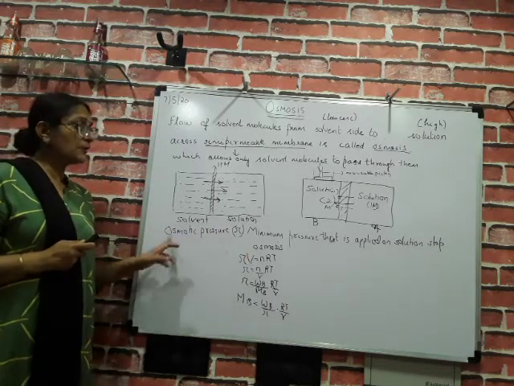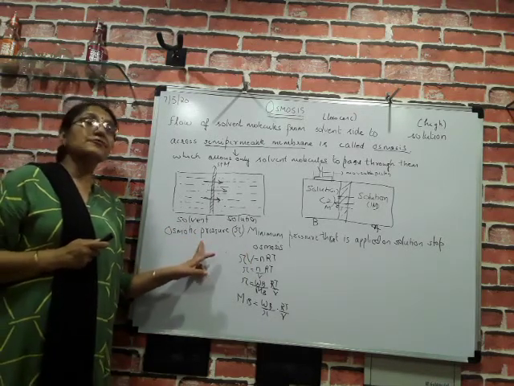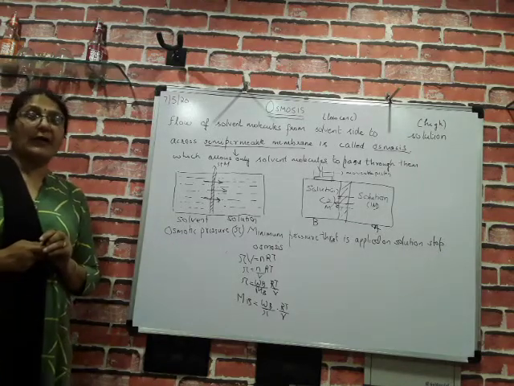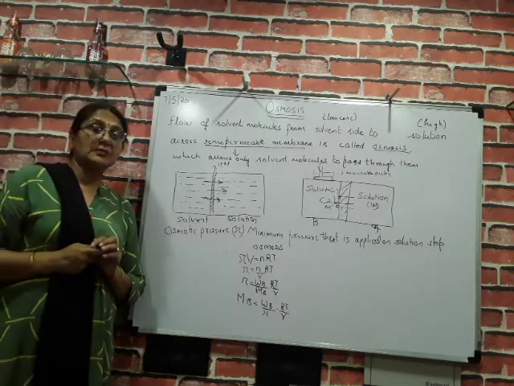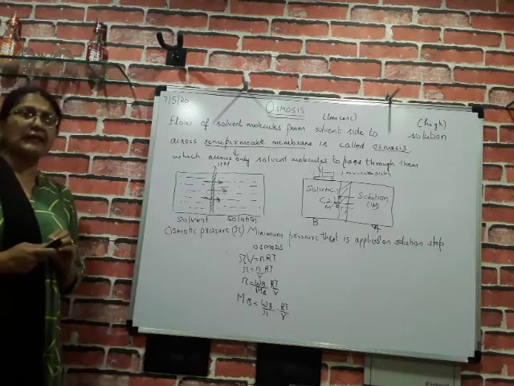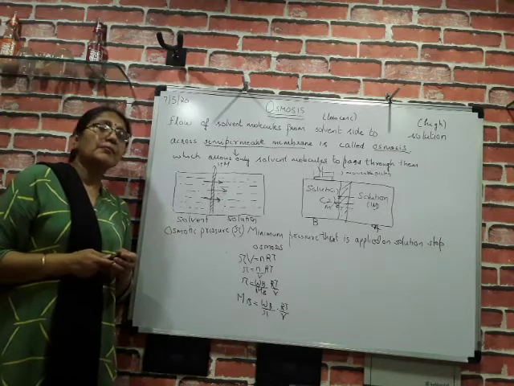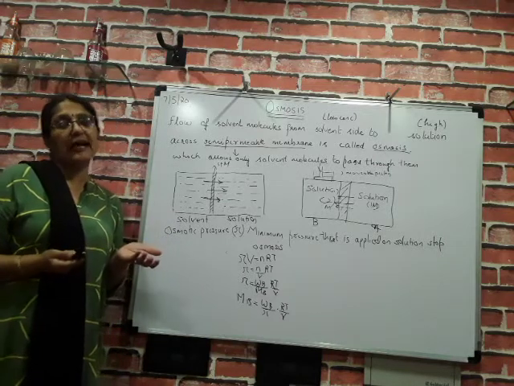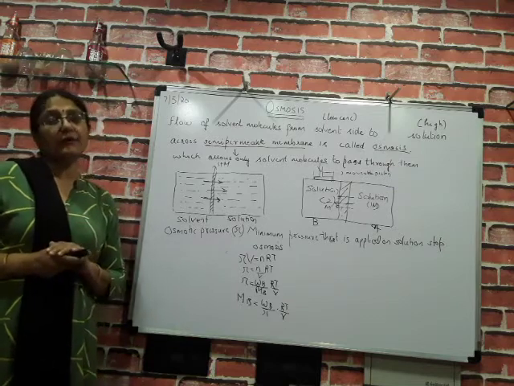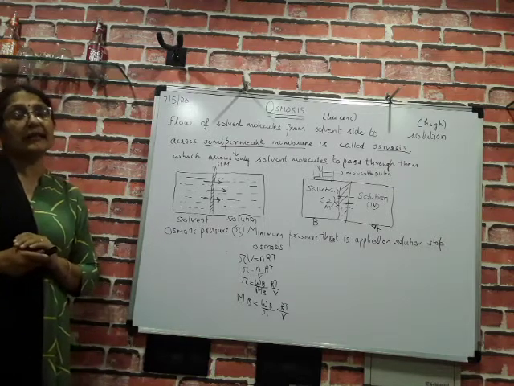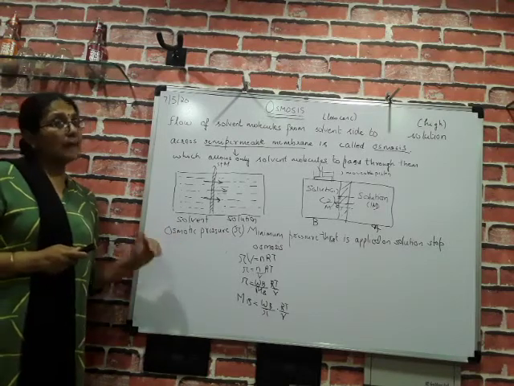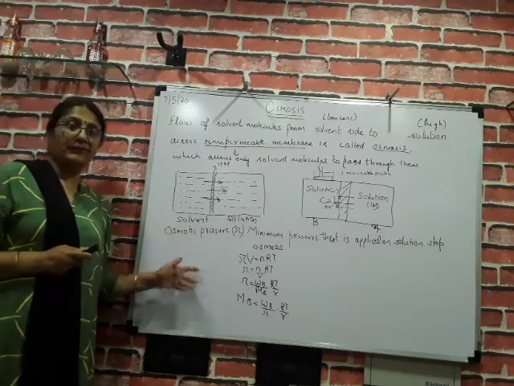Now this osmotic pressure obeys all the laws which are followed by gas molecules in gases, because solute molecules in a dilute solution behave as gas molecules. Their behavior is similar to that of gas molecules in gas form. So we can apply the gas law here.